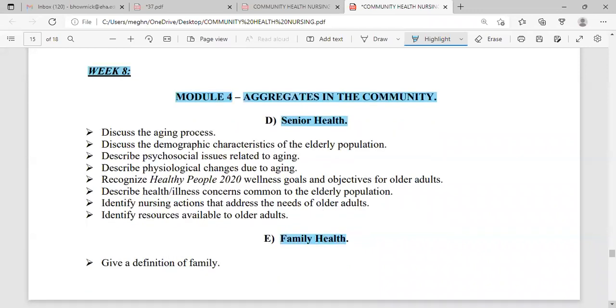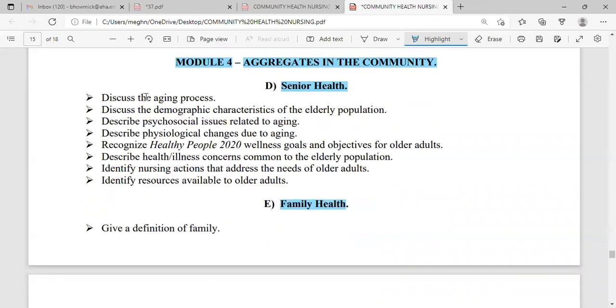So senior health includes: discuss the aging process. Every nurse must know the age-specific care or age-specific interventions, right? Infants need special care. Elderly patients need special care, prevention of falls.